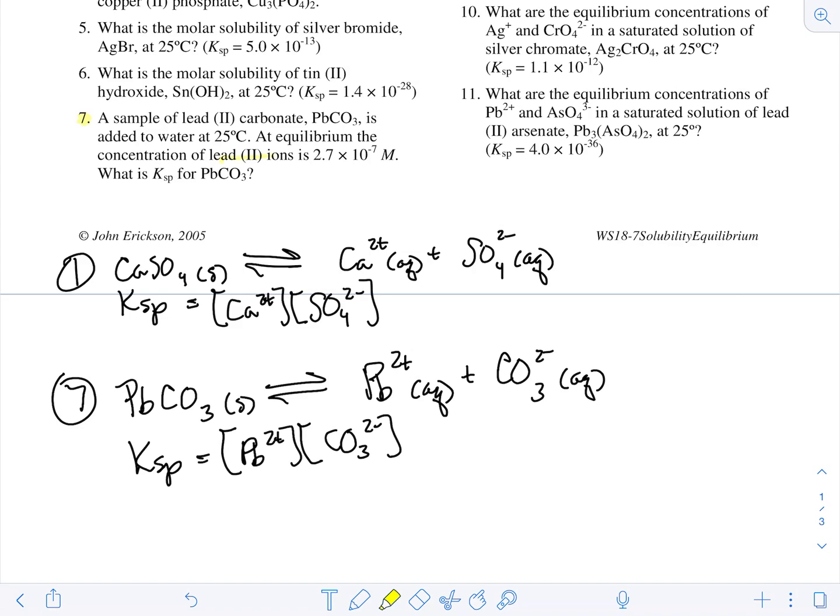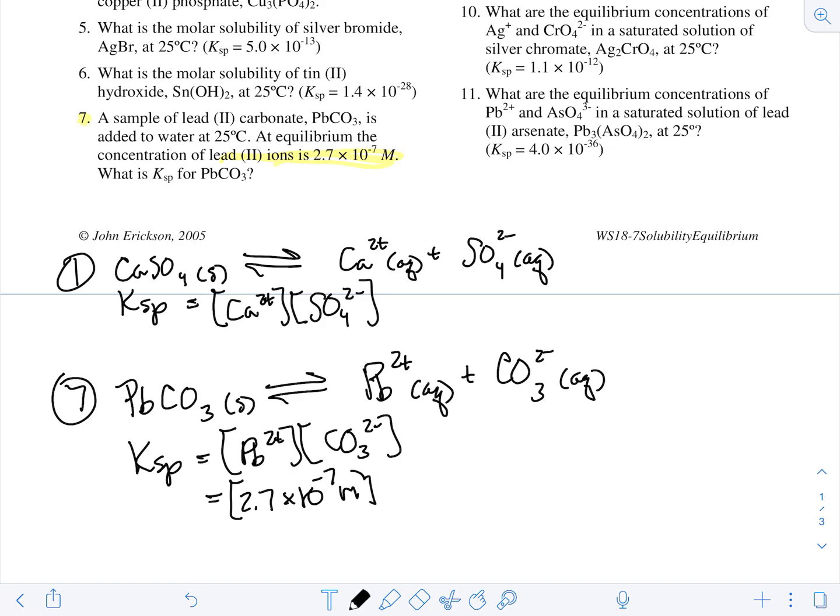Now they tell me that the concentration of the lead 2+ is 2.7 times 10 to the negative 7th. So I have to solve for Ksp, and I'm going to plug in 2.7 times 10 to the negative 7th molarity.